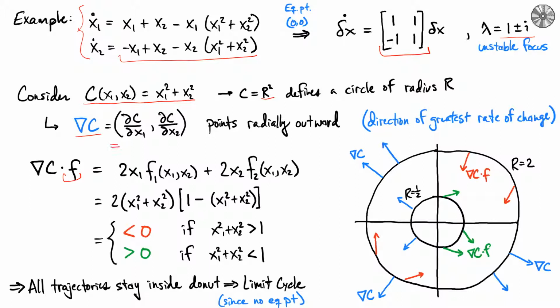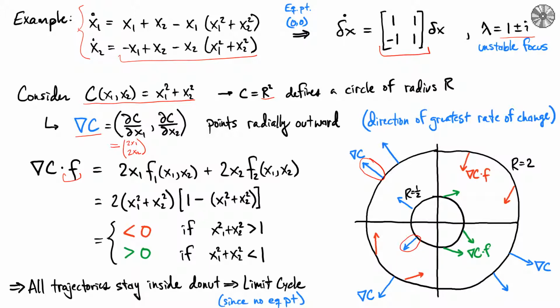So this gradient is a vector, and the first element is 2x1 and the second element is 2x2. Obviously this depends on what x1 and x2 are, and because this is the gradient of this function, it's going to point in the direction of greatest change, which means that it's pointing radially outward. And so in blue on this figure, I've shown how the gradient of this function c is pointing radially outward no matter what circle we've chosen.